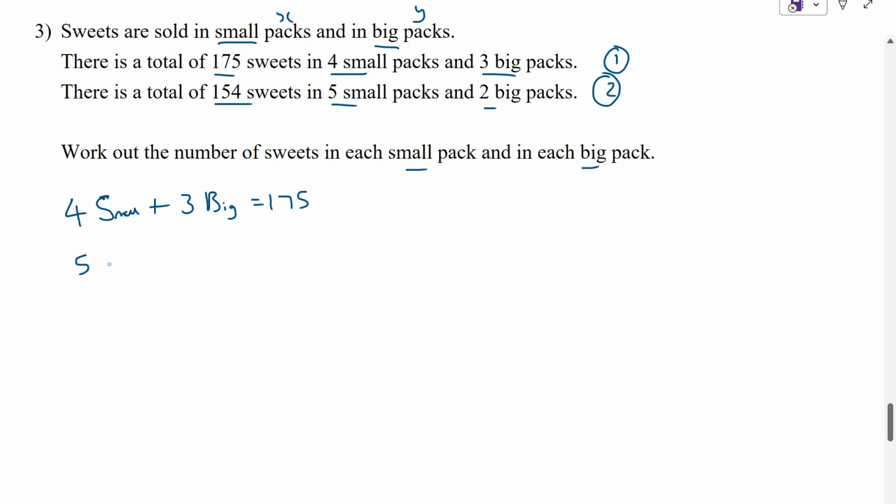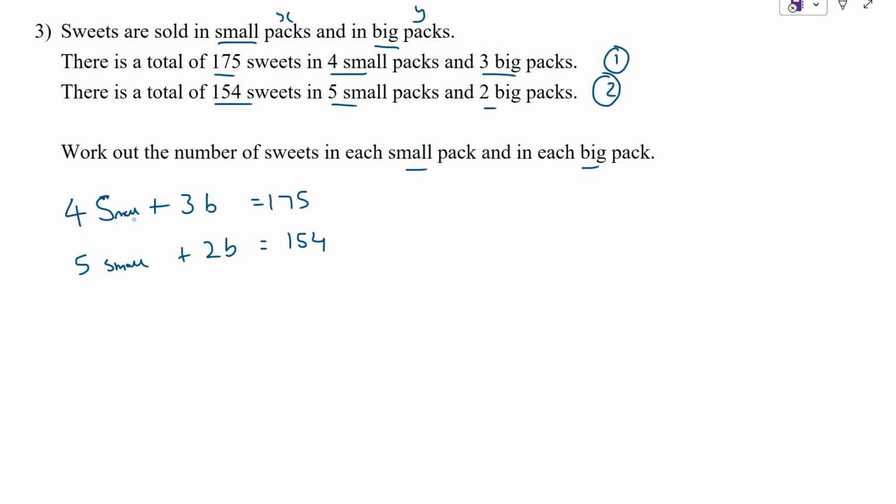Second one, 5 small and 2 big. Just leave this as B just to make it easier. Equals 154. Okay, so now we want to find the value for one small and one big.